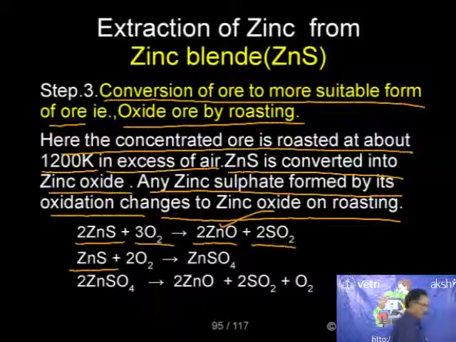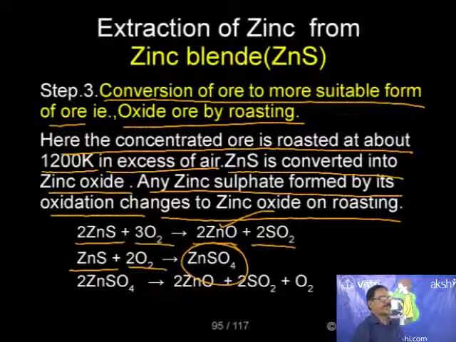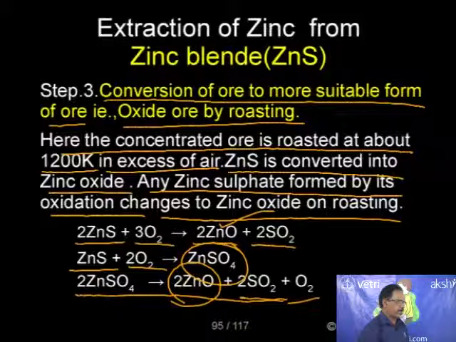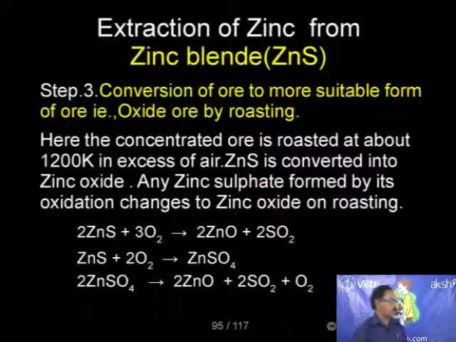As I have already pointed out, a small amount may be converted into zinc sulfate. We cannot control it. Even that zinc sulfate, on heating, is converted again into zinc oxide, sulfur dioxide and oxygen. So the final product is only zinc oxide, with sulfur dioxide and oxygen. This is the interesting information about what takes place under step 3.